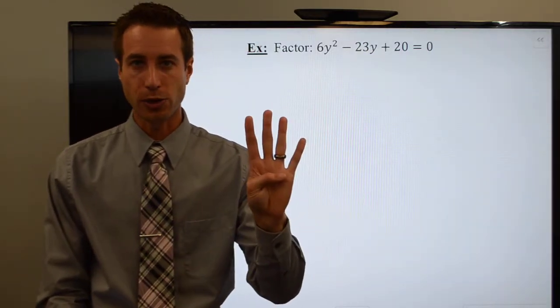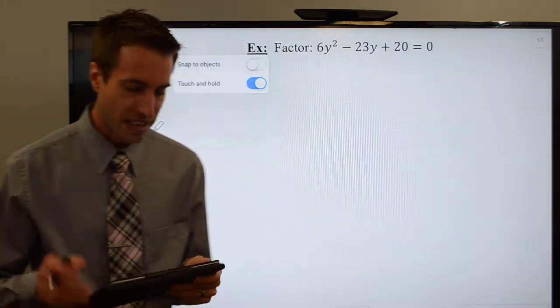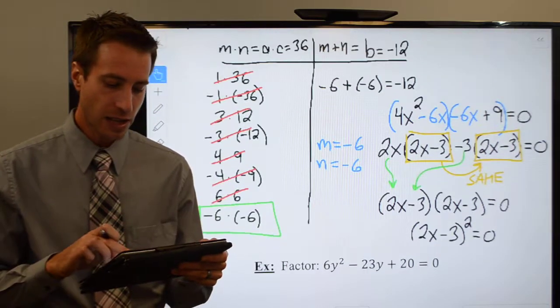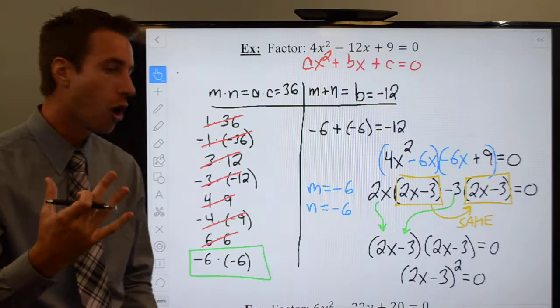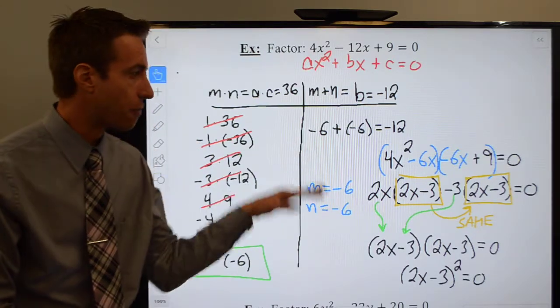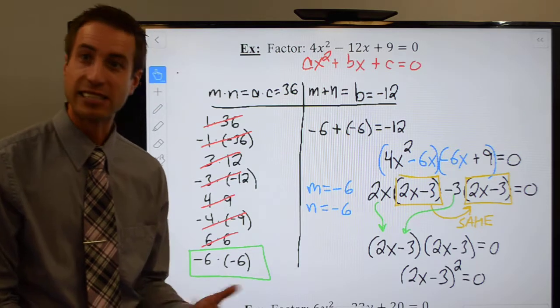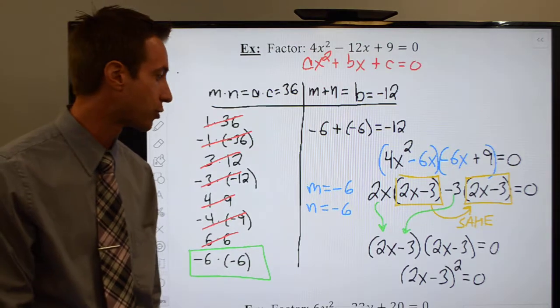That leaves us with option number 4, factoring a general trinomial. Now, if you remember the previous video, there was this gigantic, huge, long process for factoring a general trinomial, which I agree is not a lot of fun. Sometimes you don't have a choice, right? You just got to factor a general trinomial.